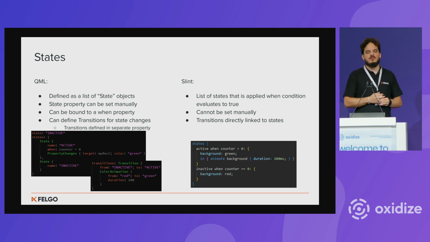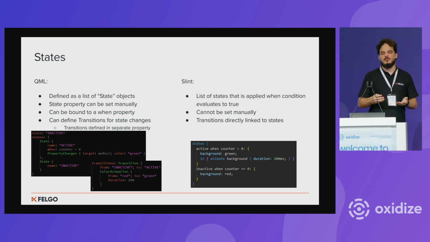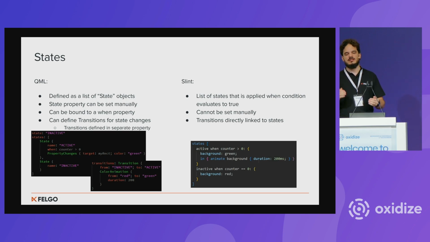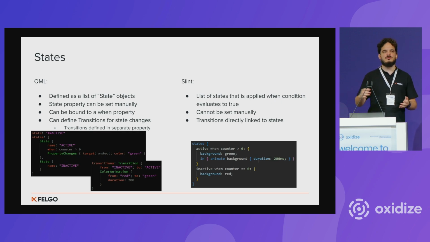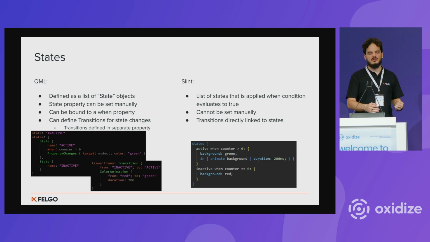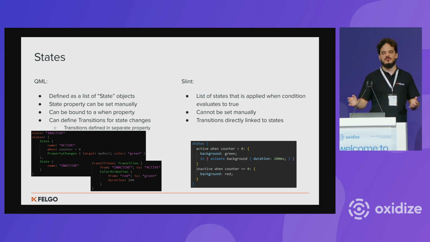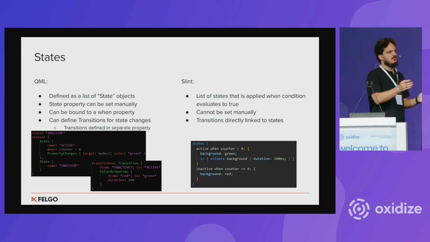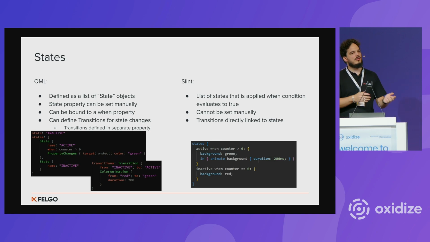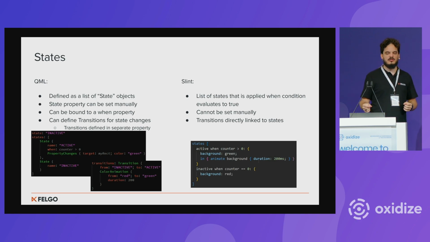Also, you can set transitions for both of them, with the major difference being that transitions in Slint are directly linked to the states. So you have the in, when you come into a state, and when you go out from a state, you do, I don't know, some animations or property modifications. While in QML, you need to define a list of transitions where you define from which state you come to what other state, and there you define your animations.